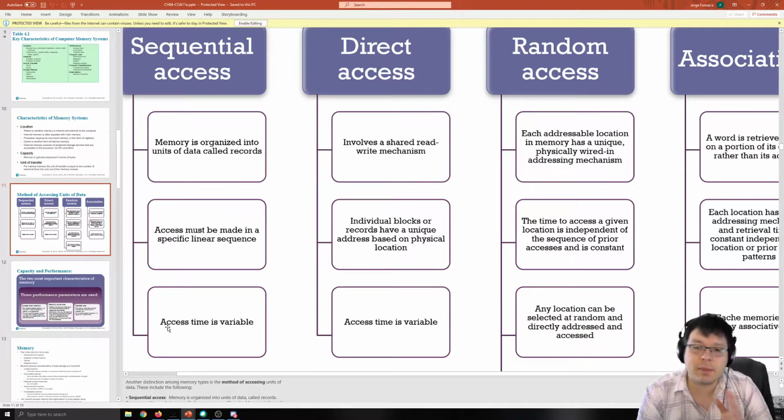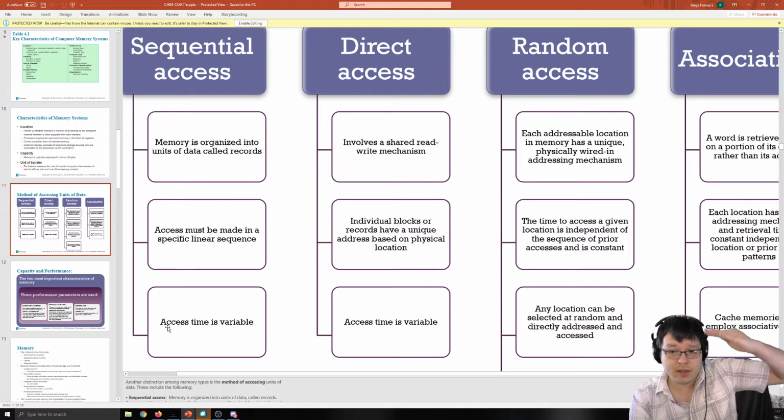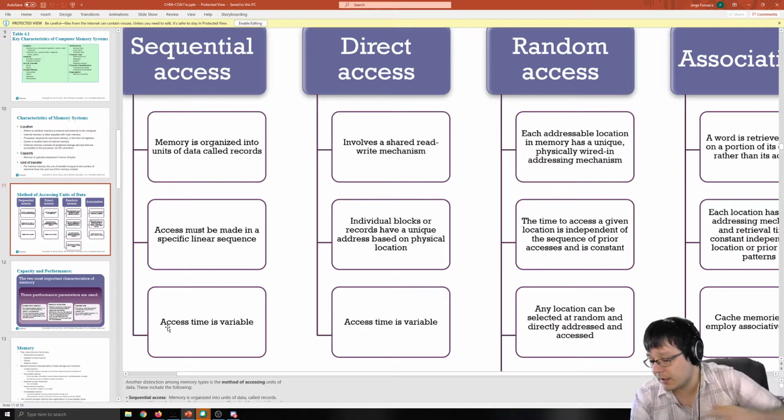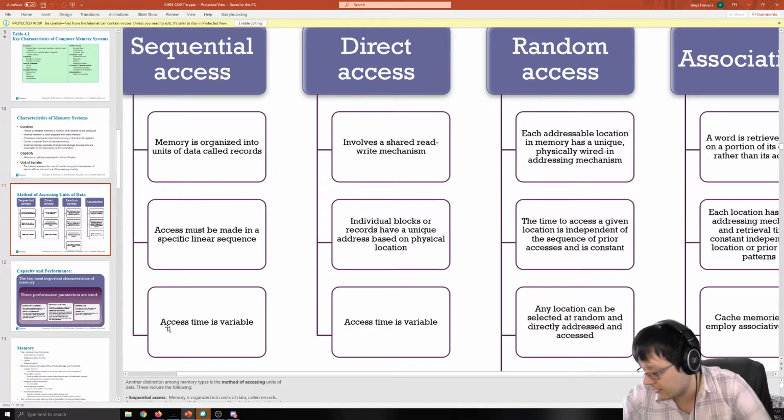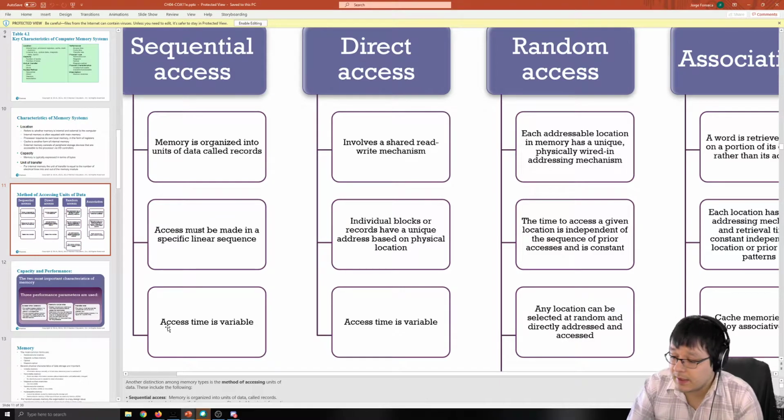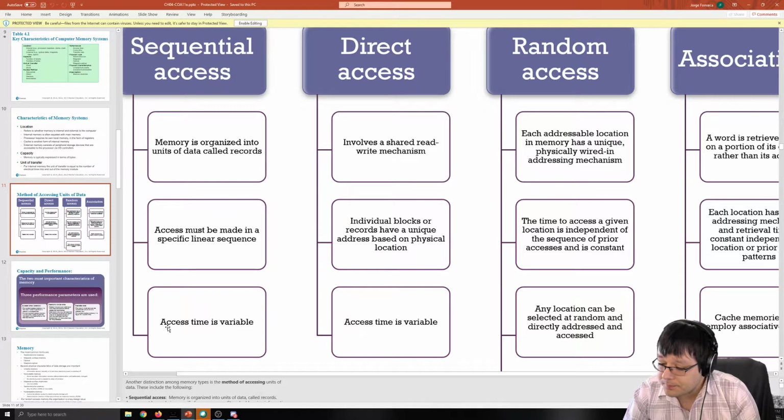Now, what are examples of things that would use this system? Think about a magnetic tape, an actual piece of tape that's moving the tape to the spot where you're trying to access. That would be an example of something that uses sequential access, like a physical magnetic tape device. I think that's the only one I can think of that accesses like that.